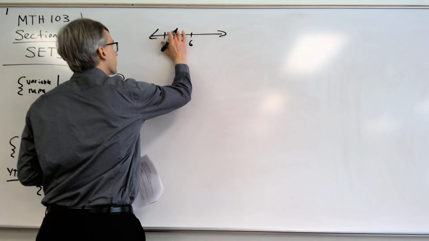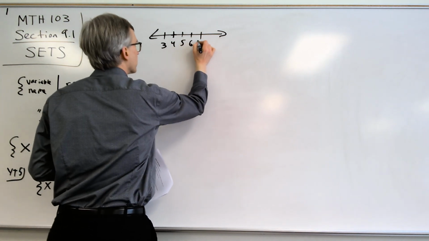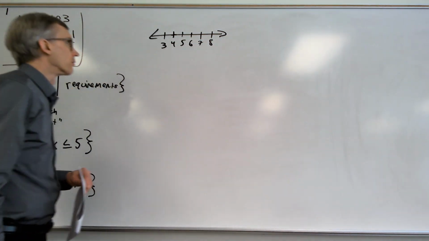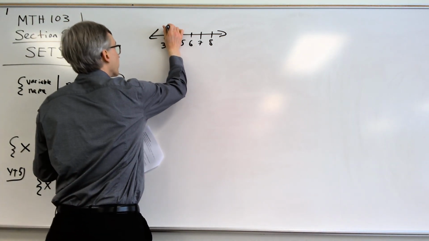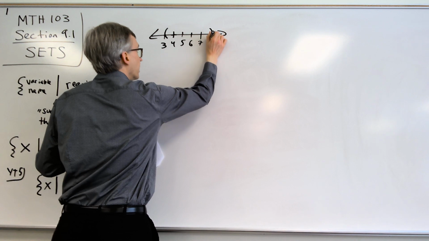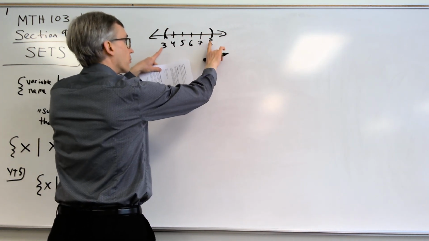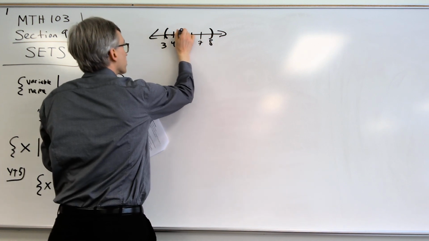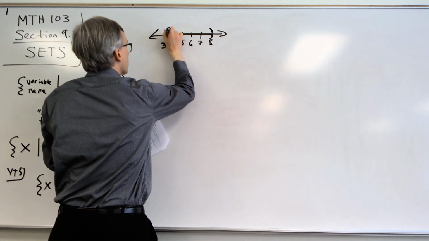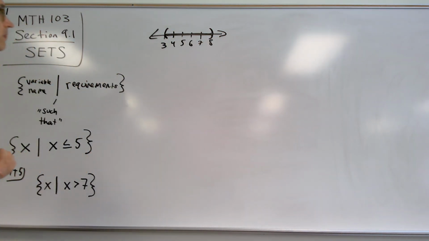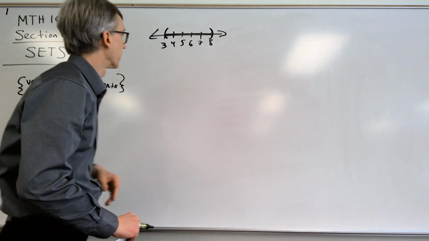But we don't have single answers with inequalities. We're going to have whole ranges of numbers. So when we do that, we're going to shade the whole range. So if we wanted to have an answer that is every number between 3 and 8, we have to have a symbol at the boundaries to signify where the set ends, and then we'll shade in the middle. And that's what a graph looks like to indicate all numbers between 3 and 8.